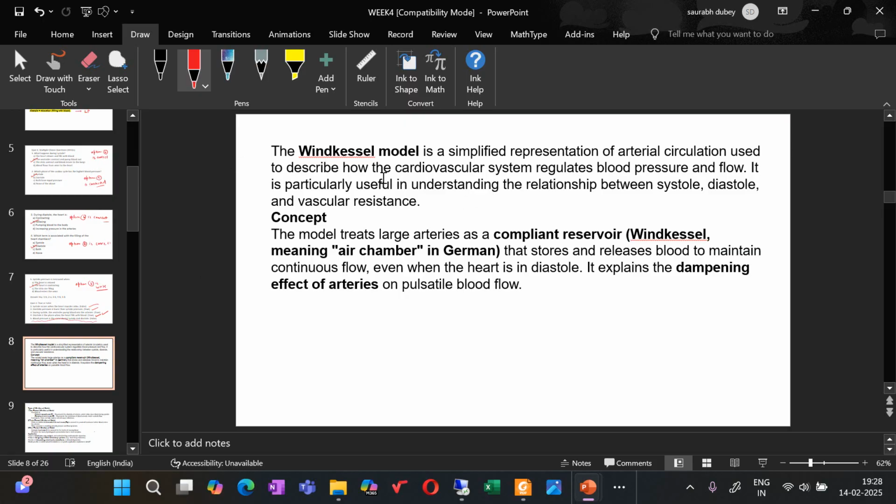So the Windkessel model, if you remember, is a simplified representation of arterial circulation, used to describe how the cardiovascular system regulates blood pressure and flow, right? And it is particularly useful in understanding the relationship between diastole, systole, and the vascular resistance. So diastole, systole, and there will be this vascular resistance which is coming up because of the vascular system.